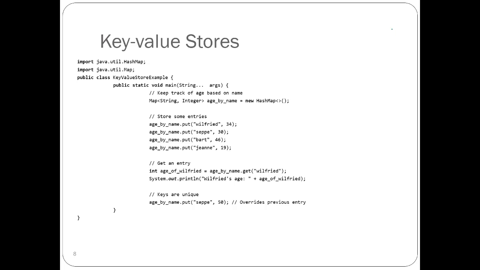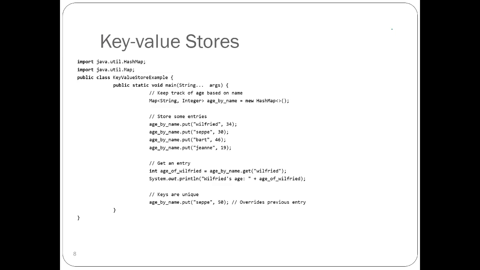So Wilfried has the age 34, so we will put that data using the name as the key. Then for the second record we have a different person, Sepe with the age 30, then Bart with 46, and Jean 19, right? So conceptually we are putting the data using the key. Key is the name and value is their age, right? So that's how we create this hash map with the keys as string and the values being integer.